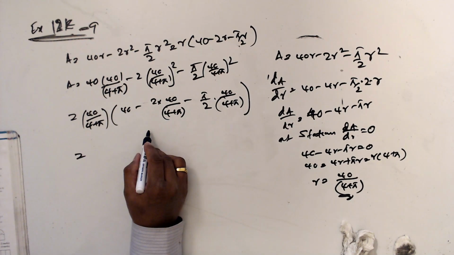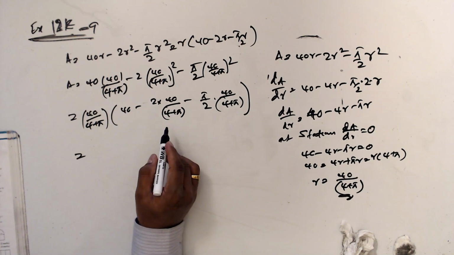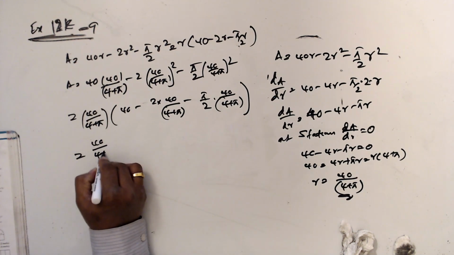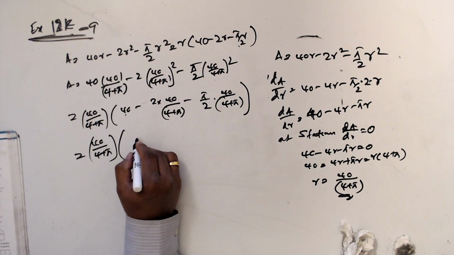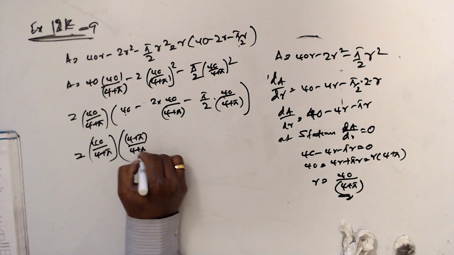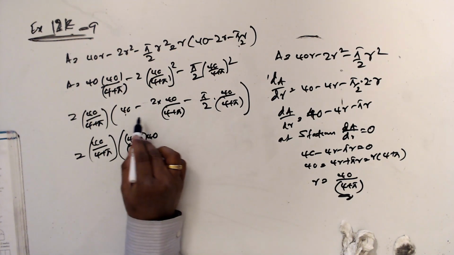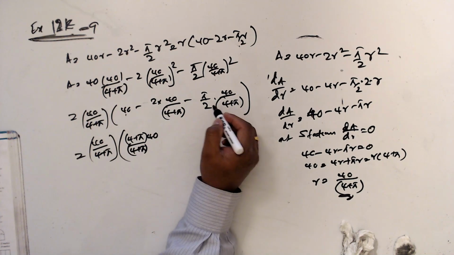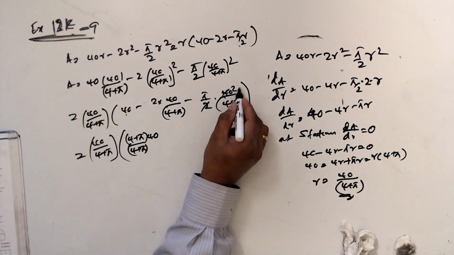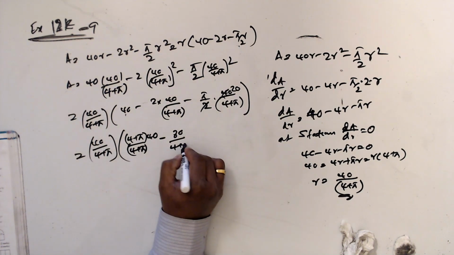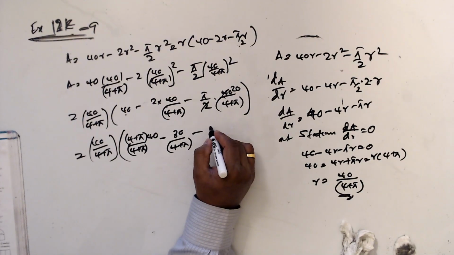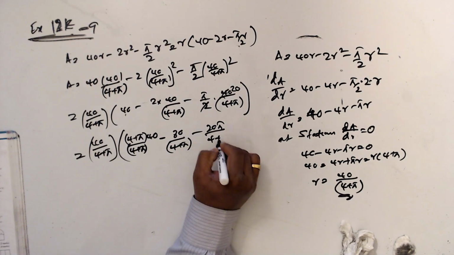Now this value, as for 4 plus 5, 4 plus 5 times 40. And yes, this is going to be 20. So this is 80 over 4 plus 5, and this is 25 over 4 plus 5.